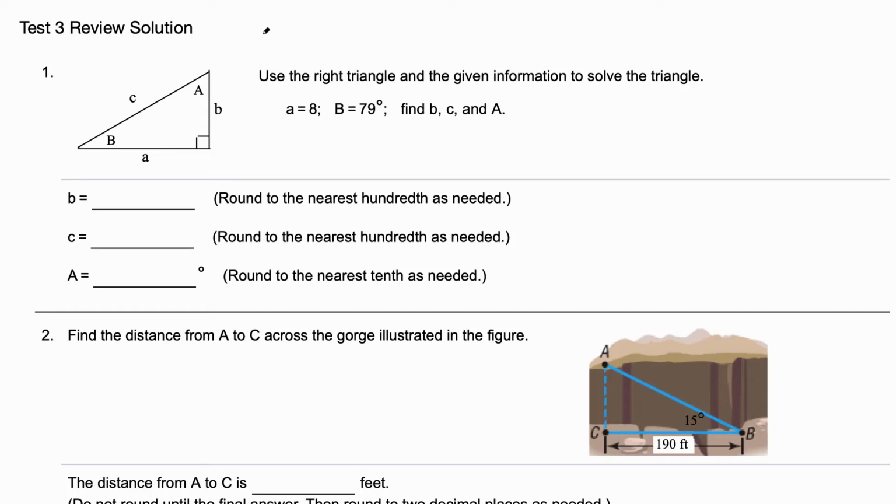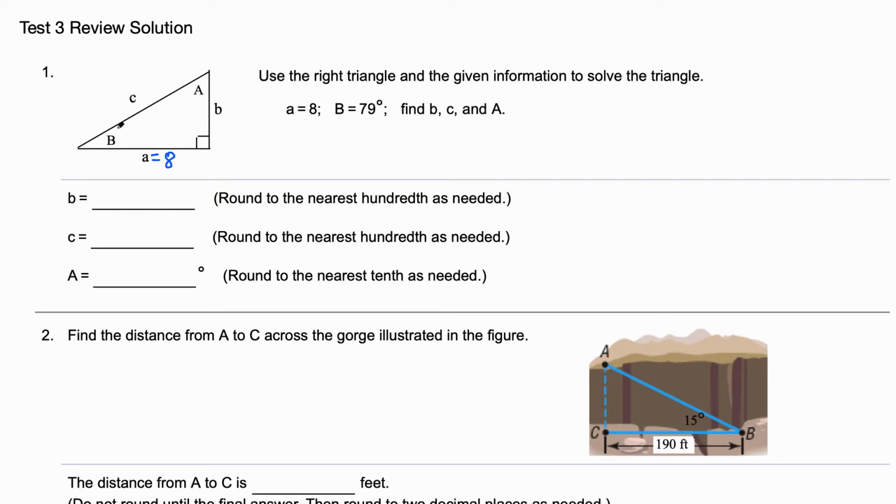Test 3 review solution. In number 1, we are given a right triangle and we need to solve it. Here side a is 8, so this is angle A, and the opposite side is 8 units long.